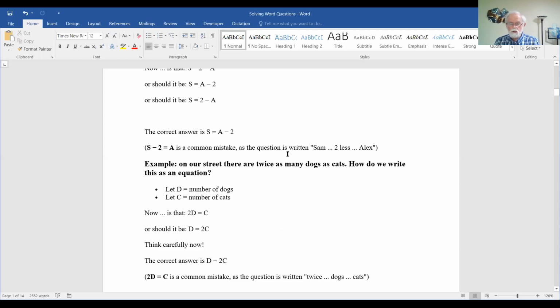So go back to what is the base? When we see twice as many dogs as cats, we're going to start setting some variable equal to the number of cats and then go from there. In this case, they're letting D be dogs and C be cats. So the solution would be that D, dogs, is 2 times C, or cats.